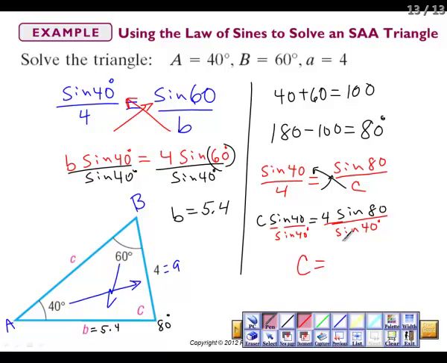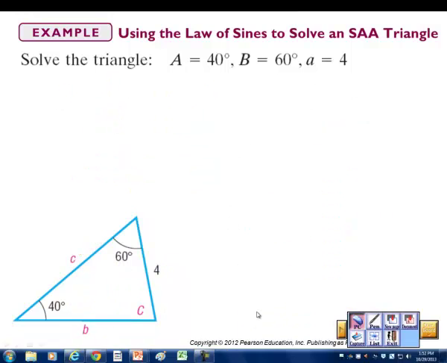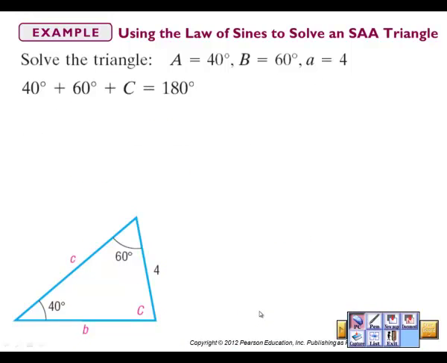And we get 6.128, and it goes on. So we're going to round this off to 6.1. And so we've solved our triangle. We've gotten all our angles and all our sides. They did the angle first, which really doesn't matter, it doesn't matter which order you go in.